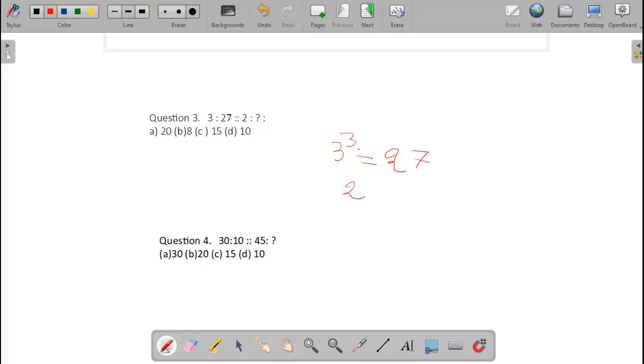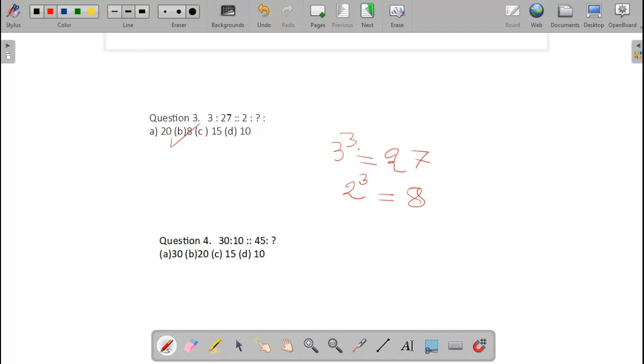Now 2 cube is equal to 8. So here we can see 20 is not related here. 8, we got 8. Then 15, no. Then no. So it will be 8.